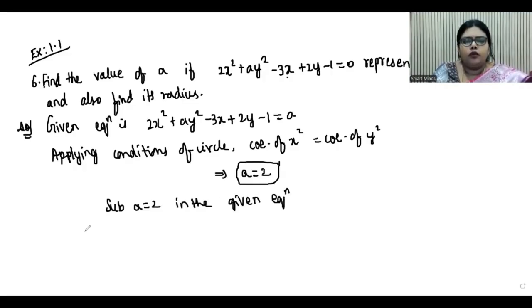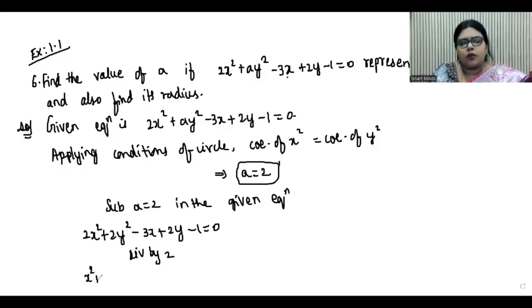You will get 2x square plus 2y square minus 3x plus 2y minus 1 is 0. Whenever you have some coefficient for x square and y square, we first divide by that coefficient. So dividing by 2, you will get x square plus y square minus 3 by 2 x plus y minus 1 by 2 is 0.